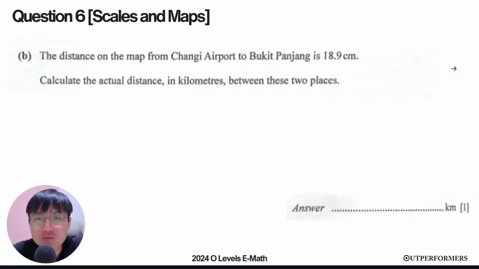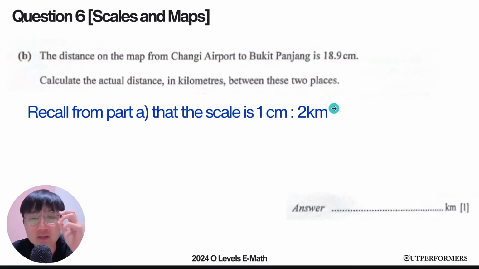Moving on to part B. The distance on the map from Changi Airport to Bukit Panjang is 18.9 centimeters, and calculate the actual distance in kilometers between these two places. So usually we can use the answer from part A to help us. Reason being, the actual distance they now want us to find is in km.